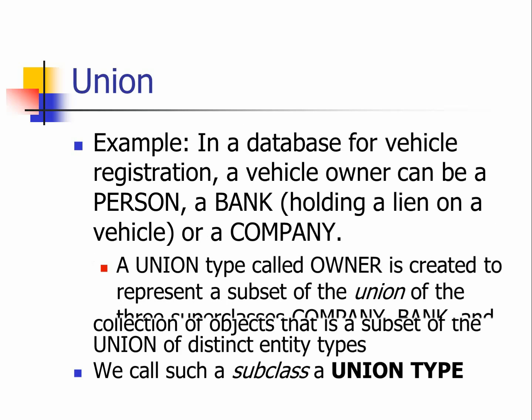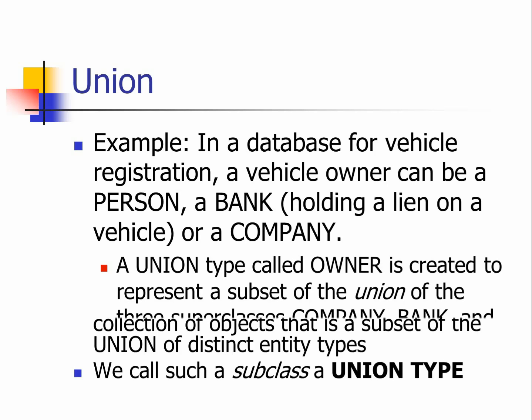For example, in a database for vehicle registration, a vehicle owner can possibly be a person, which is probably most commonly seen. However, if you have a car mortgage, then a bank is going to be the owner while you owe the money to the bank.